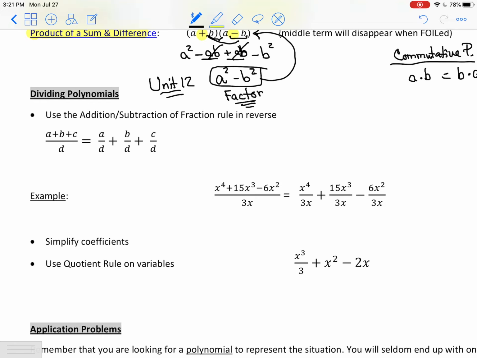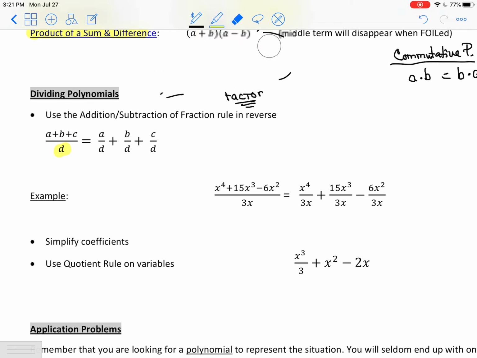You can actually, of course, have a binomial or a polynomial in the denominator, and that's actually fun, but a little bit more complicated. So in this particular class, we're just sticking with this idea of having a monomial in the denominator.